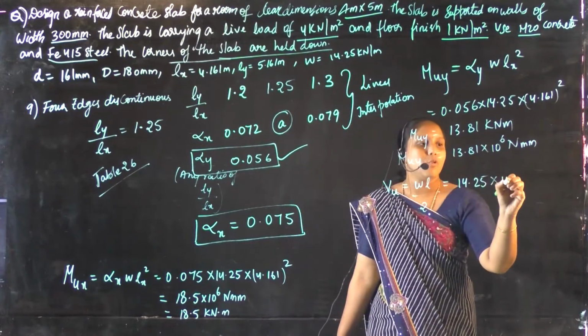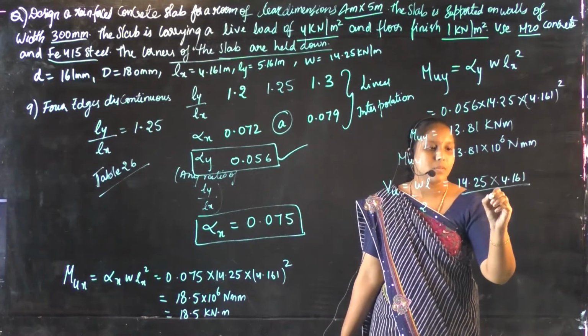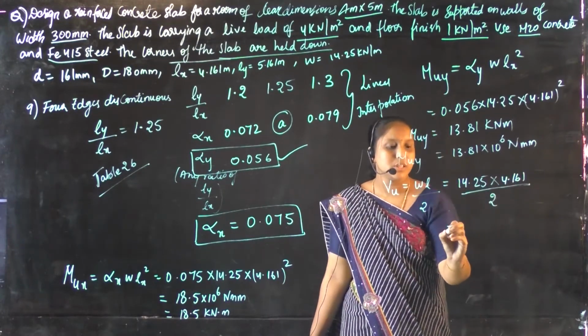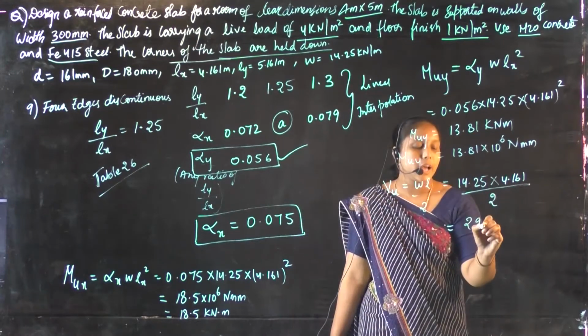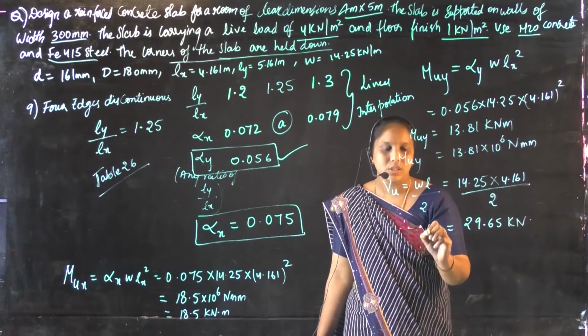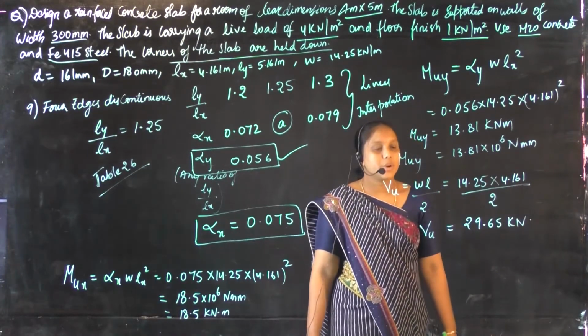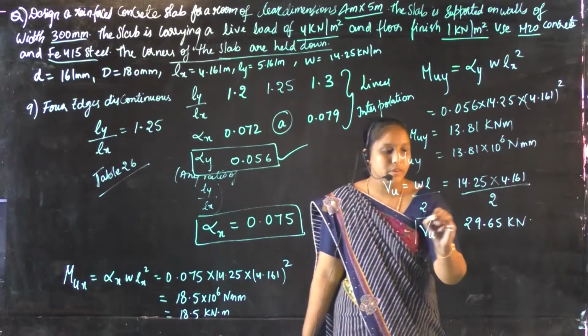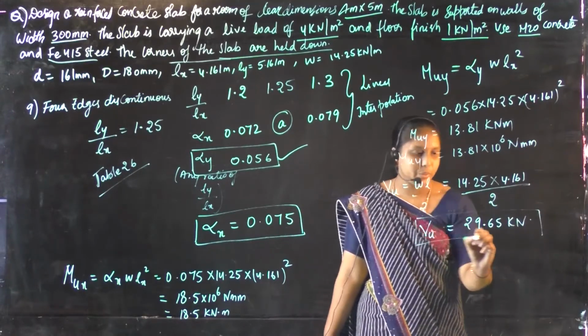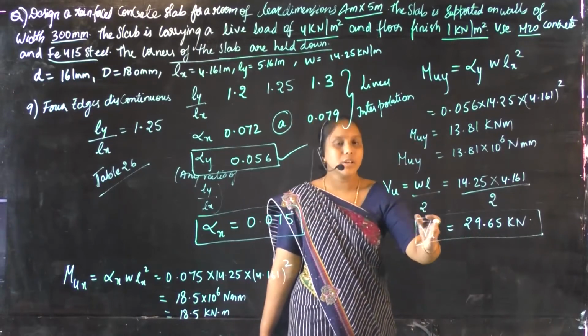L is 4.161 divided by 2. By solving this, you will get a value of 29.65 kilonewton. So this is the maximum shear force, that is Vu is equal to 29.65 kilonewtons.